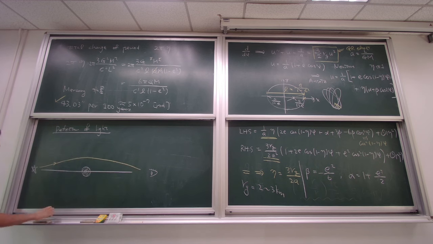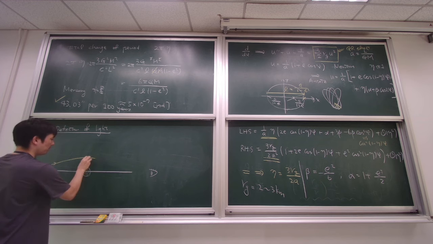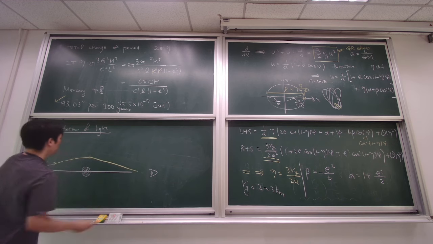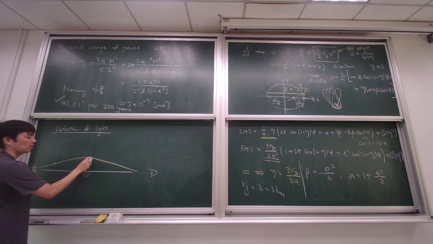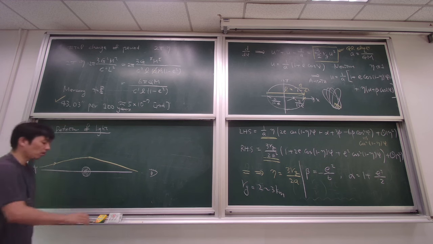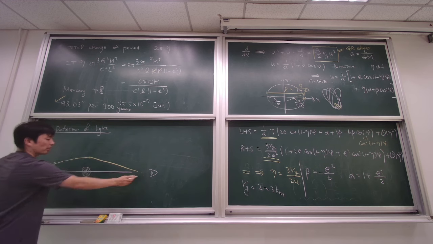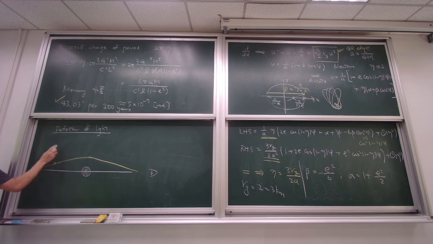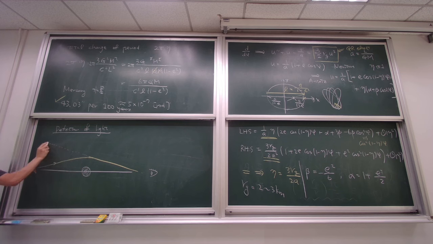Like this way, maybe. Anyway. So due to the gravitational effect, somehow the bending of light will occur. And then the observer sitting here sees that the star is located here.